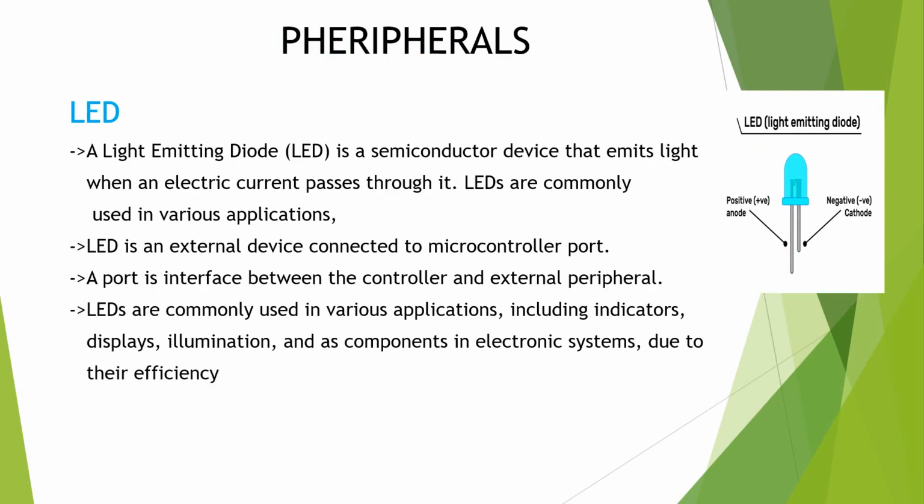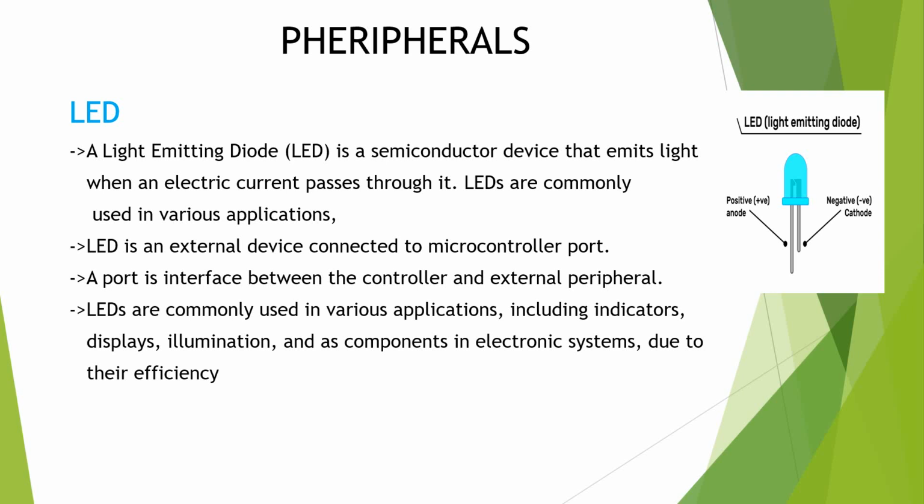And coming into the next topic, that is peripherals. So we can take the peripherals like LEDs, LCDs and digital switches and buzzers and the DC motors, anything. These are all the peripherals which can be implemented in an embedded systems project. And coming into the LED, it is a light emitting diode. It is a semiconductor device which can emit light whenever electric current passes through it.